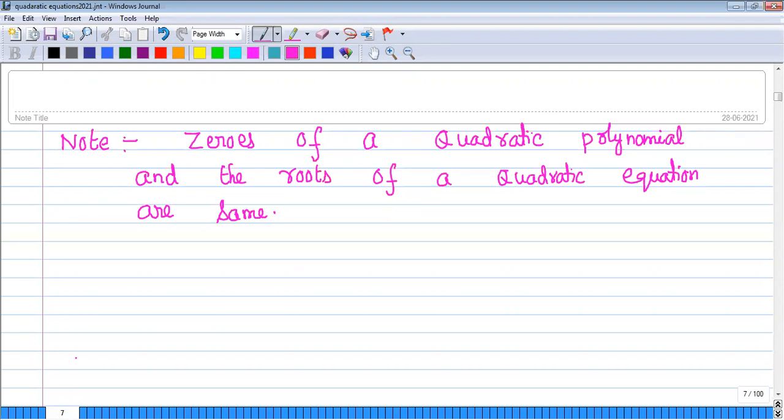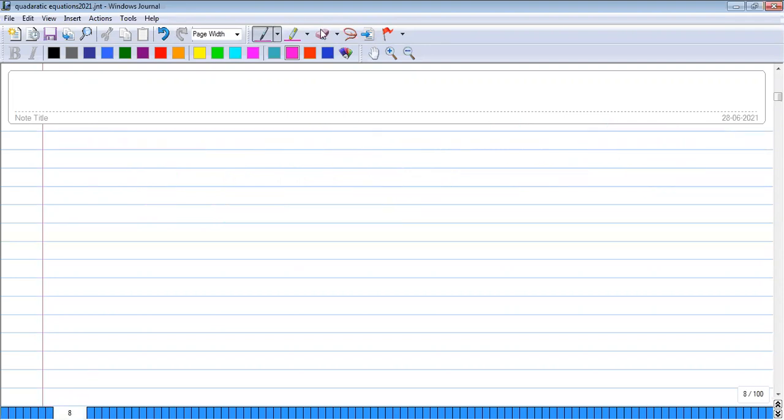So now we shall move to the theorem. So this is the theorem, say theorem 1.1. The theorem may not be asked, but it is for our better understanding.